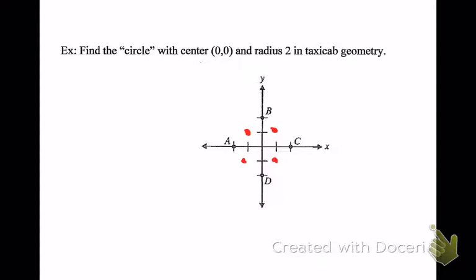Right? So if we connect these points, our circle is actually going to look like a square. A circle in taxicab geometry looks like a square.